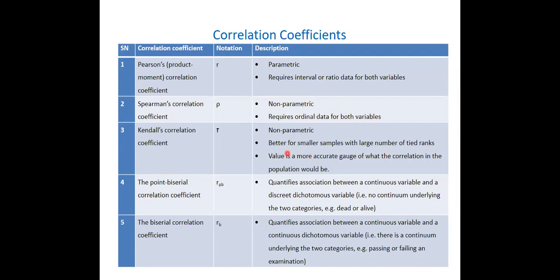Kendall correlation is similar to Spearman. The difference is that Kendall will be more useful in the situation where you have a smaller sample size, or with a lot of ties. When we say a lot of ties, if you put something on a Likert scale, maybe 1, 2, 3, 4, and most of the people score 2, that one I say disagree.